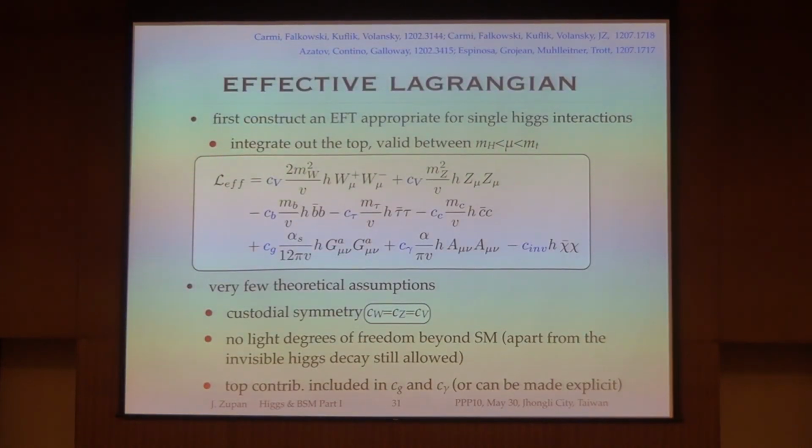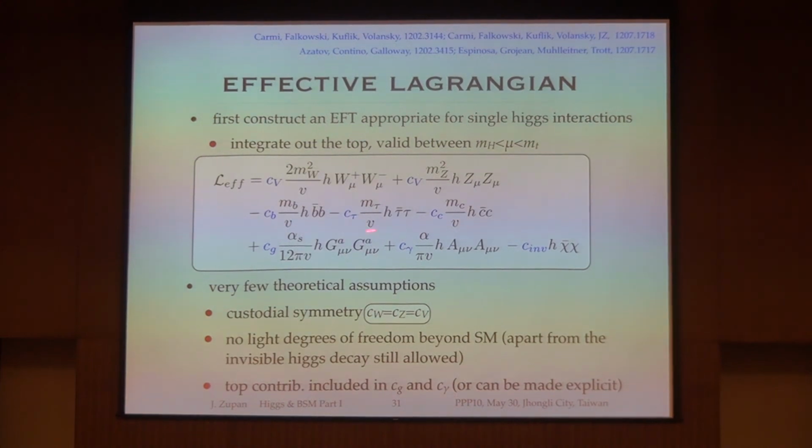Now if you want to go a little bit further away from the experiment and really try to understand what it means for the physics, well, the first thing you can do is write down an effective Lagrangian and see what you're really measuring in terms of the couplings to the gauge bosons and the fermions. It's a very simple thing.